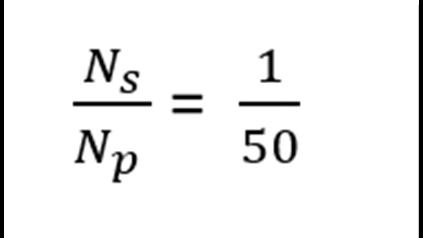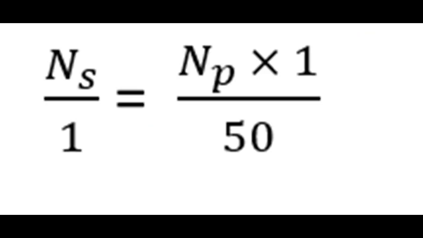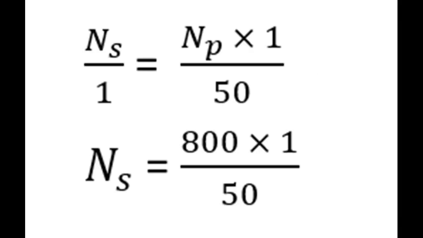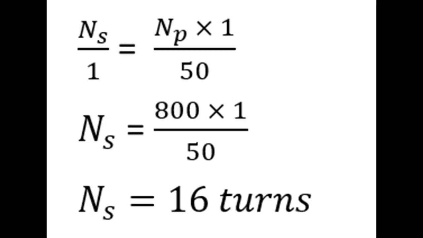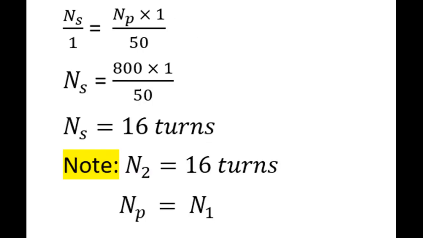So it's going to be N1 times 1 over 50. We need to make NS the subject of the formula. So NS is equal to 800, which was N1, times 1, divided by 50. And we get NS is equal to 16 turns.